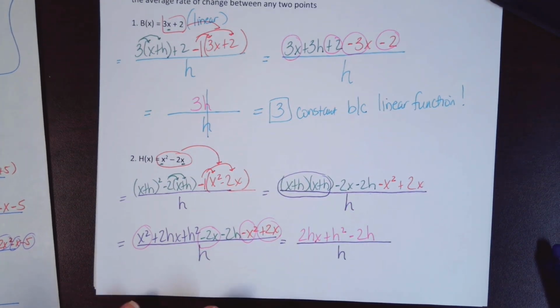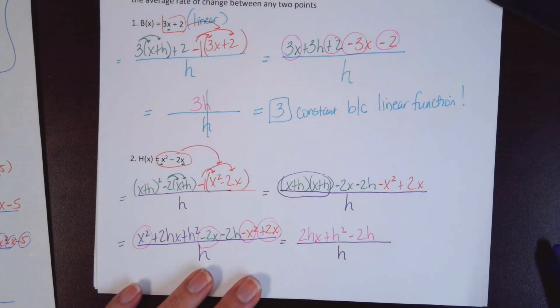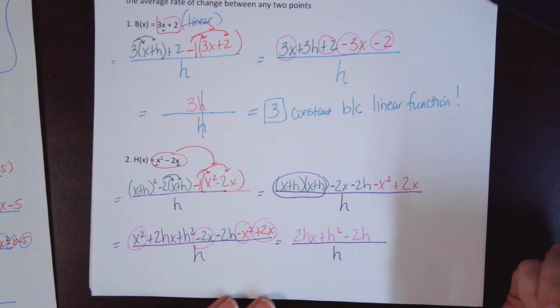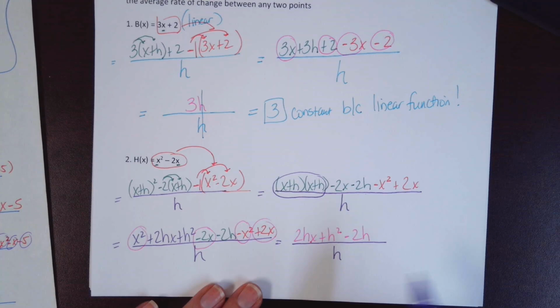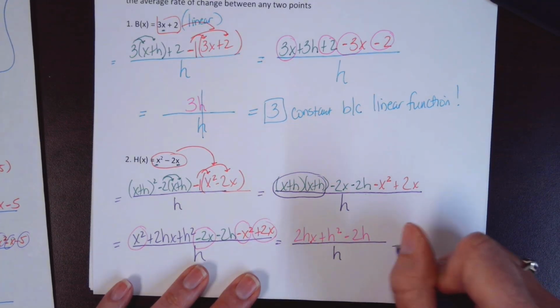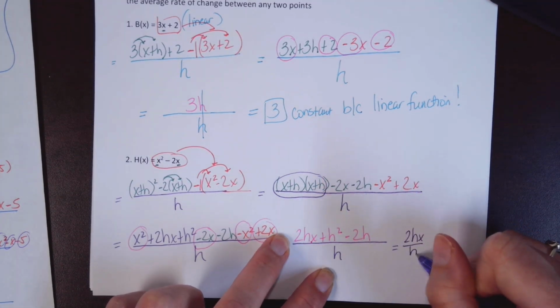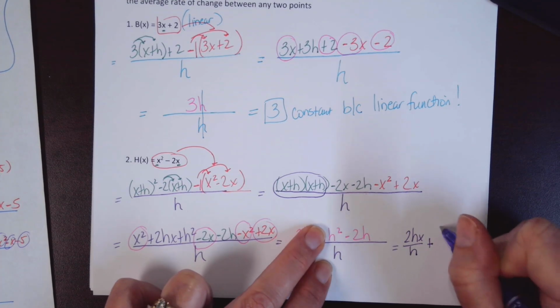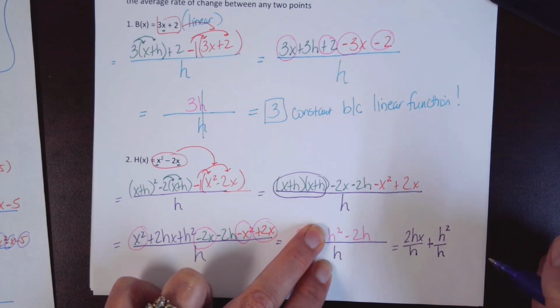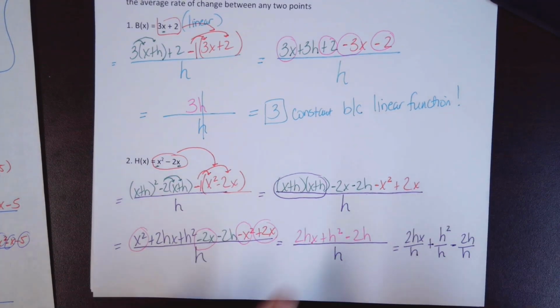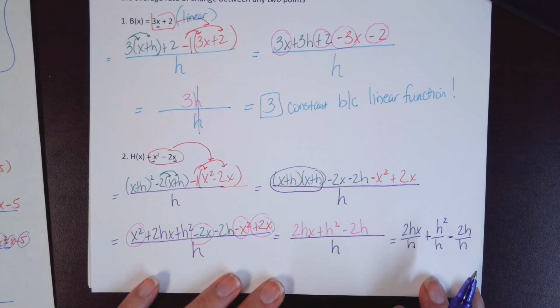None of those are like terms. They cannot be combined, but they all have an h in common. So I want to simplify this rational expression. I can think of it as factoring an h out of all three of these, or I can write it as three separate terms, 2hx over h plus h squared over h minus 2h over h, and look at all three separately.